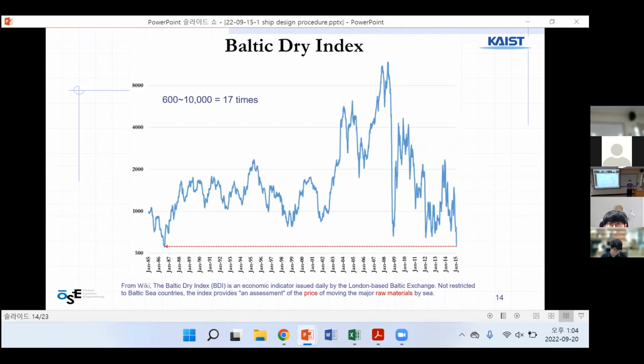Have you heard about high risk, high return? Yes, high risk, high return. The shipping business is a high risk, high return business because of this kind of fluctuation. This fluctuation is bigger than any, as I know, probably similar to Bitcoin.